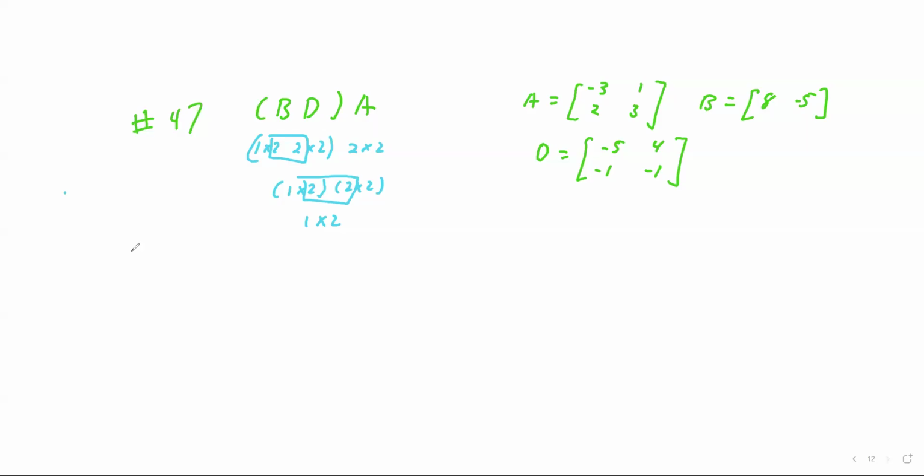So I start with the B times D first, because that's the order of operations. So this will be 8, -5 times -5, -1, 4, -1. So I take row by column, because I'm supposed to be left with a 1 by 2.